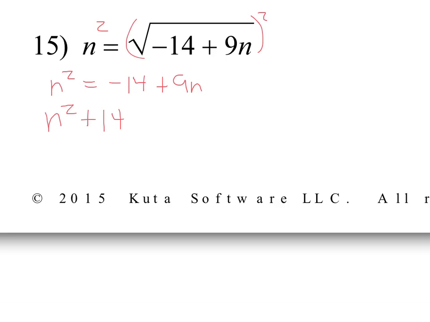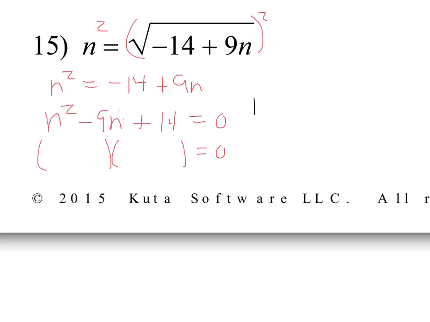I'm actually going to do this in a different order here. I'm going to subtract the 9n from both sides, and I'll add 14 to both sides, and now I have a quadratic equation, which we have worked with before and we need to solve by factoring.